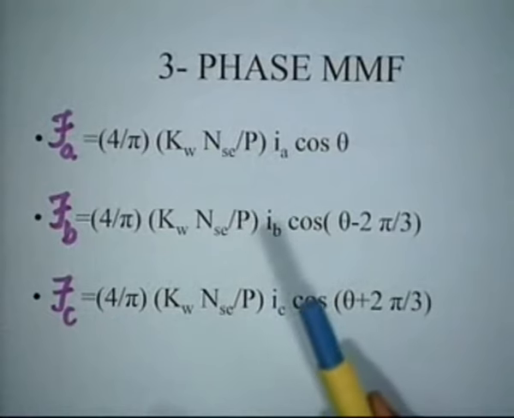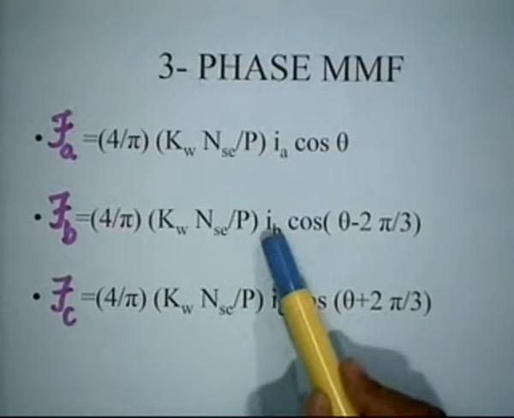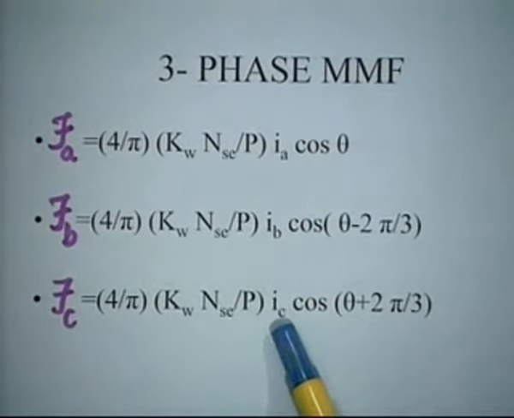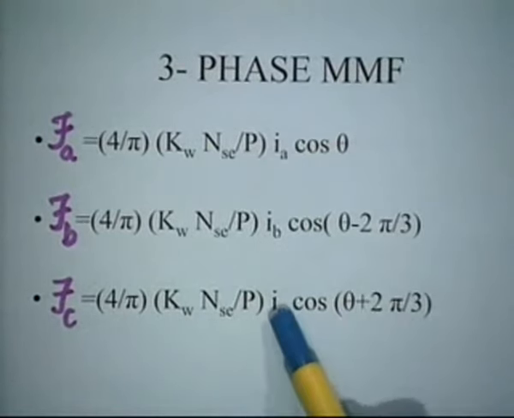Okay. Now, we know that IA, IB, IC are also changing with time, because this is a general expression for whatever is the nature of IA, IB, IC. Okay.